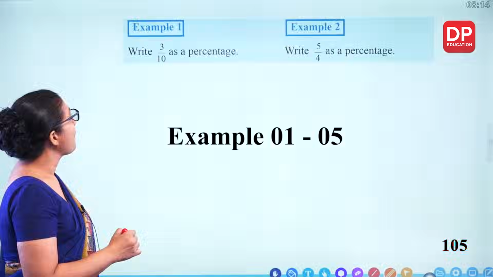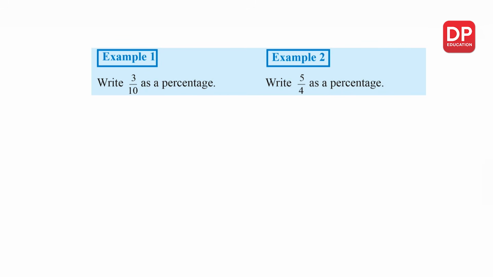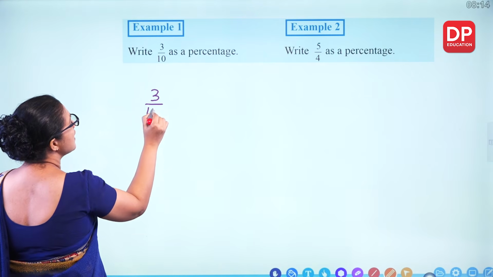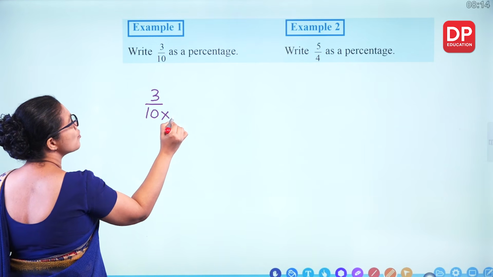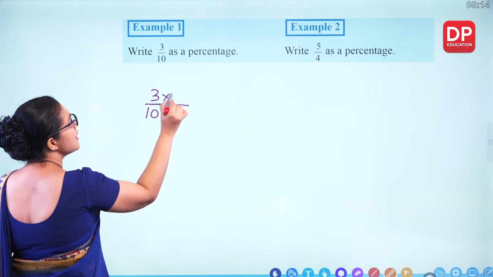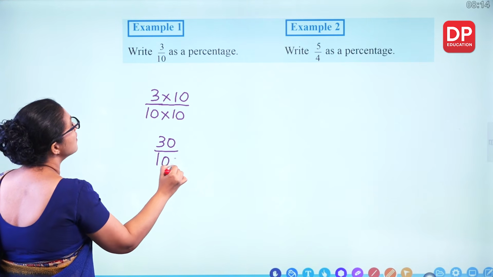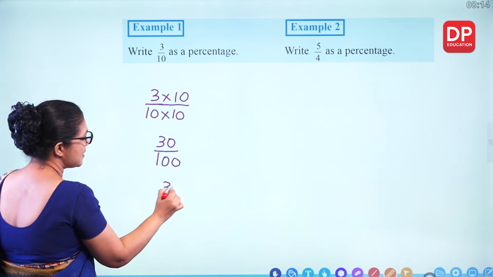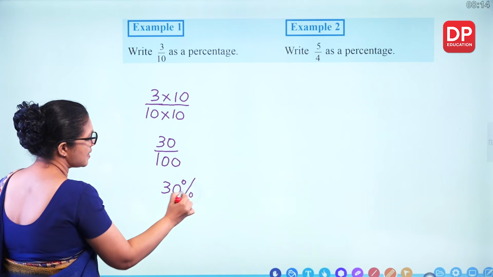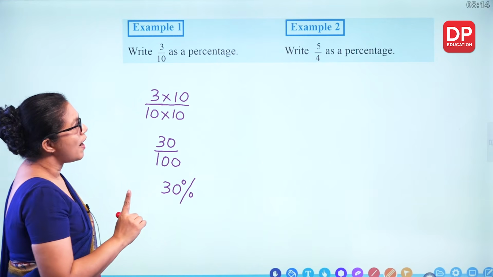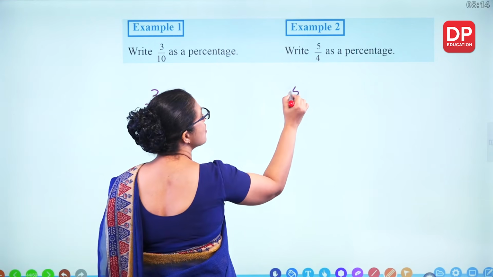Example number 1, write 3 over 10 as a percentage. So 3 over 10. Convert the denominator to 100, multiply by 10. So you get 30 over 100. So 30 over 100 means this is 30%. 5 over 4 as a percentage.